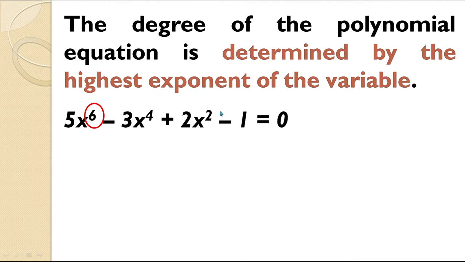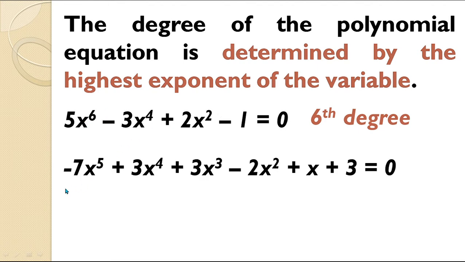Therefore, yung ating polynomial ay in 6th degree. The second example, we have negative 7x raised to 5 plus 3x raised to 4 plus 3x cubed minus 2x squared plus x plus 3 is equal to 0. And the highest exponent or degree ay 5. So, yung given equation ay in 5th degree.